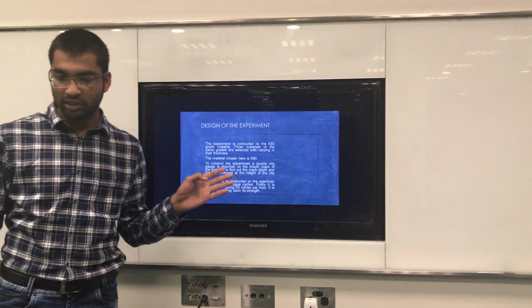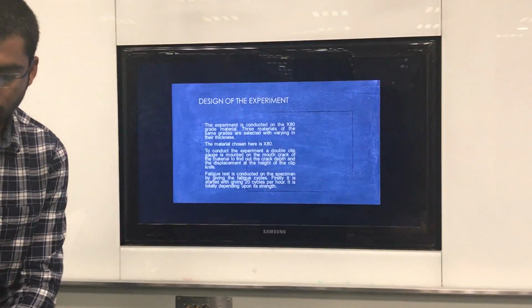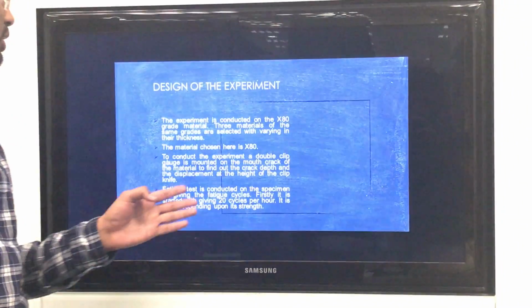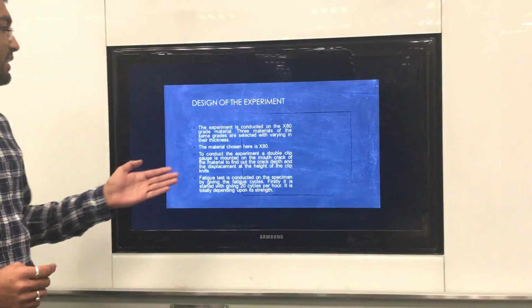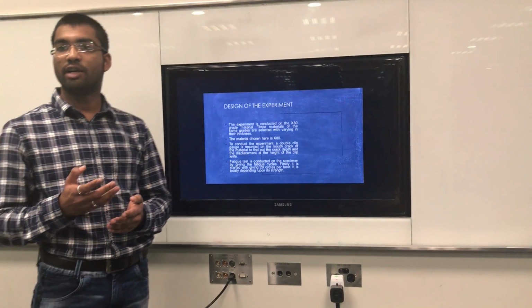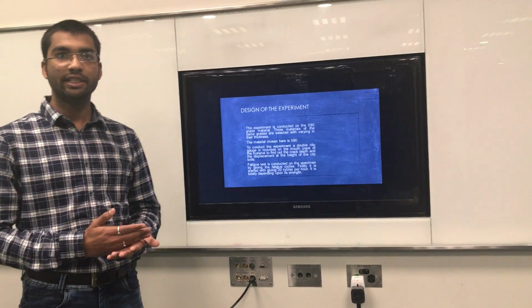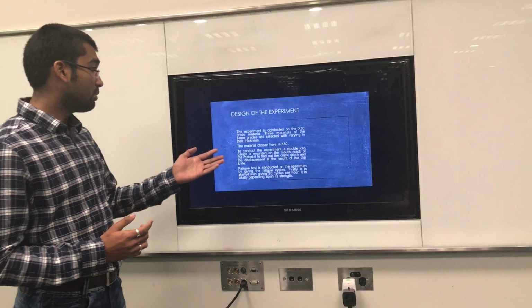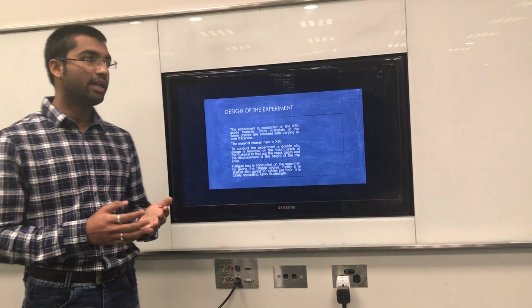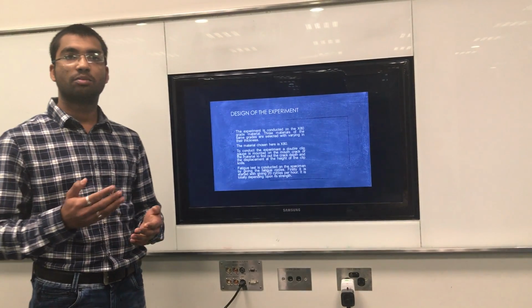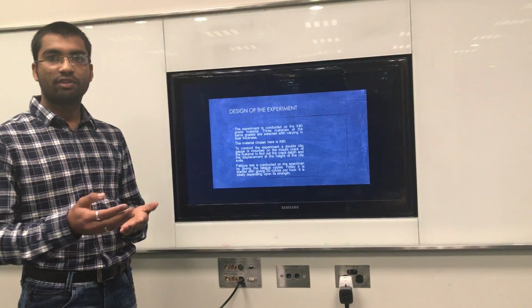Going to the design of the experiment, in my experiment I'm going to do it this way. First I consider three samples of the same X80 material, and I start the experiment by placing the double clip gauge, which is mounted on the crack mouth of the material.